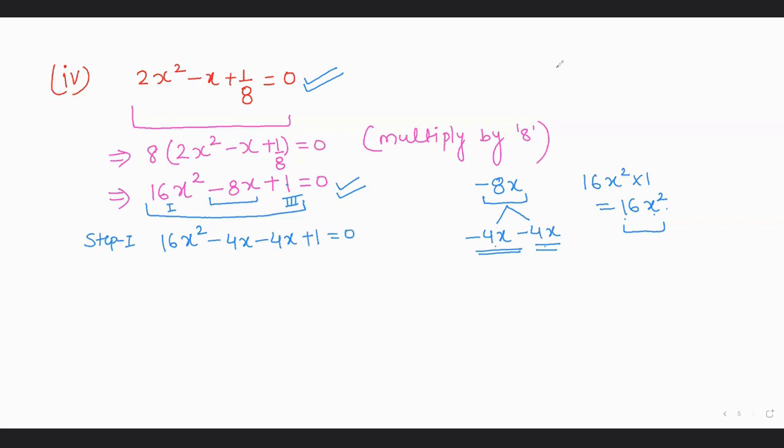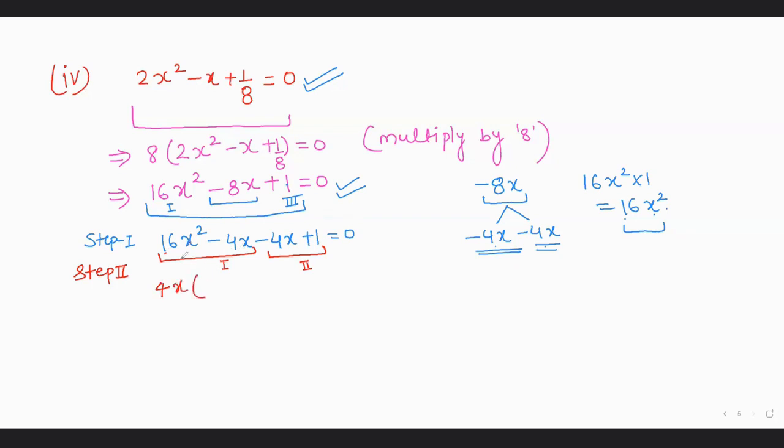Now students, in the second step we will always take the common. You see the first part is this and the second part is this one. Now let us take the common. We have 16x square and the next is minus 4x. So between 16 and 4 we can take the common 4, and between x square and x we can take common x.